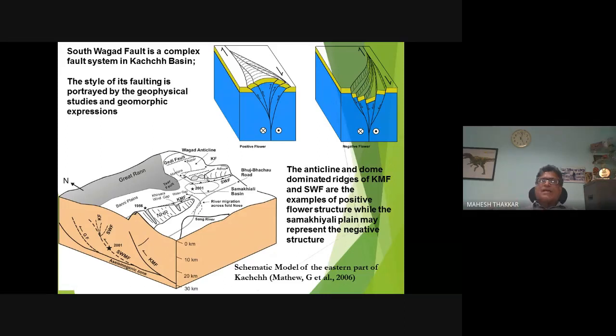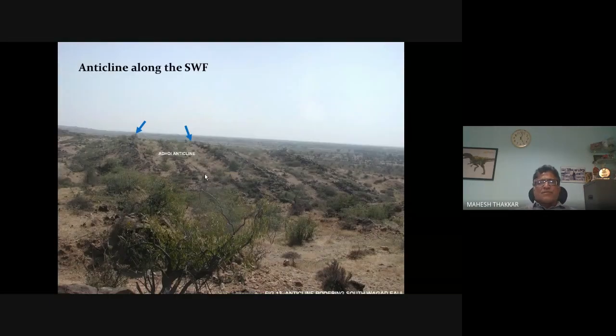So these are basically the signatures of India's anticlockwise motion and the strike-slip stress patterns along these two major fault systems.